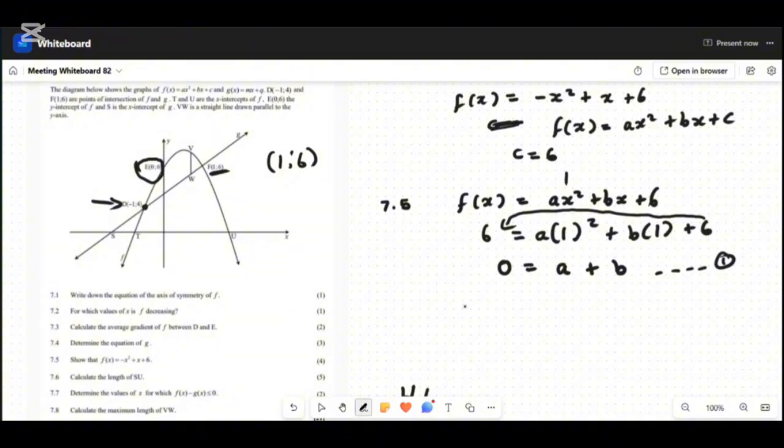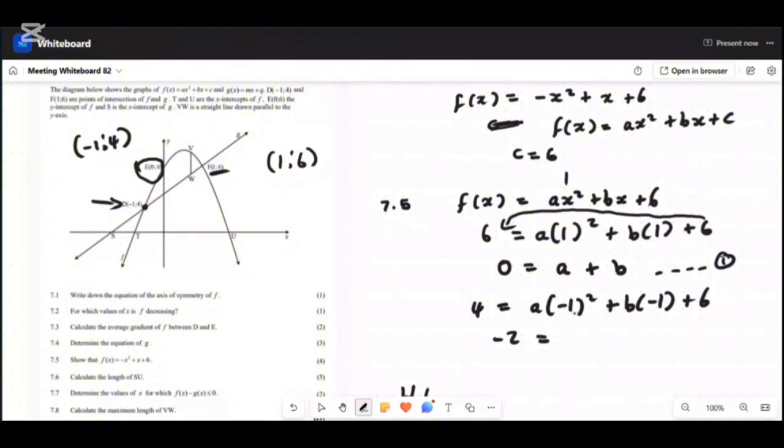Then in point D, it is -1 and 4, right? So this way you have 4 is equal to A into -1 squared plus B into -1 plus 6, right? When you transpose 6 to the other side, you are going to have -2 is equal to, what is 1 times -1 squared?